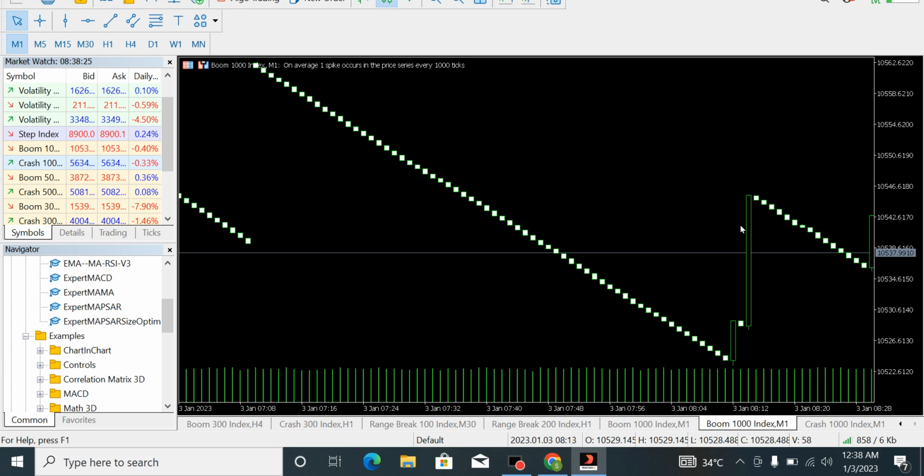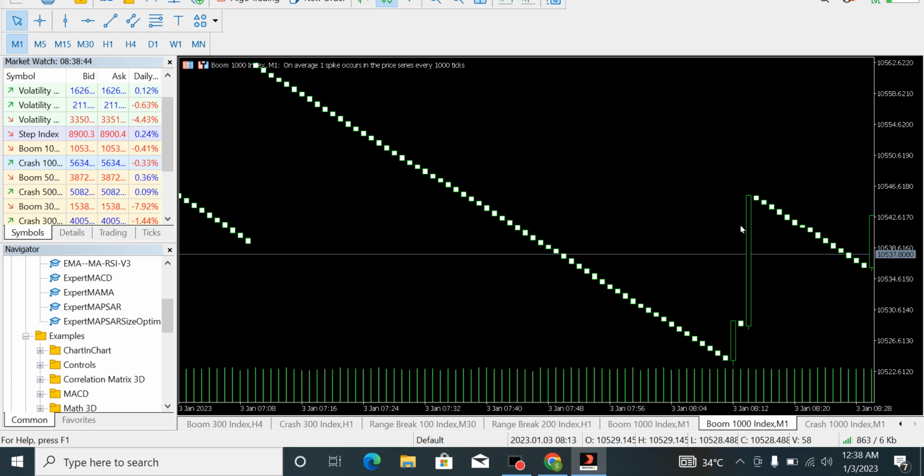But if it has to do with 500 indices, that means within 500 ticks there should be a spike happening, which means 500 indices will have more spikes happening than 1000 indices. That is also applicable to 300 indices.